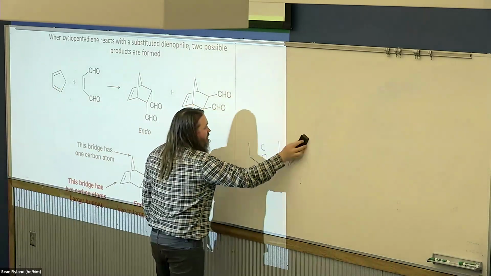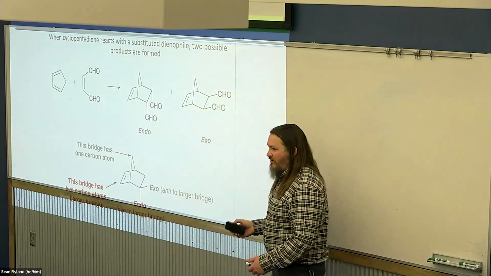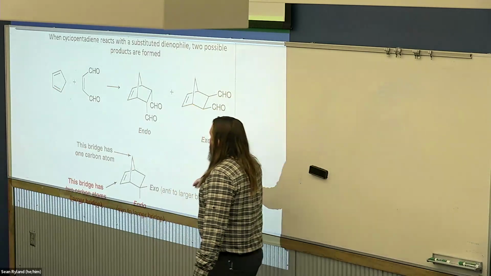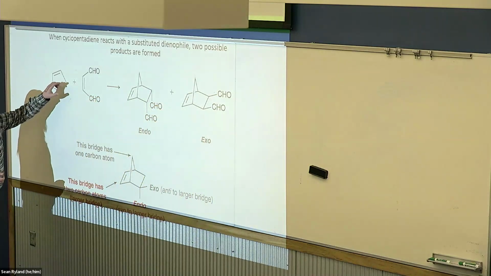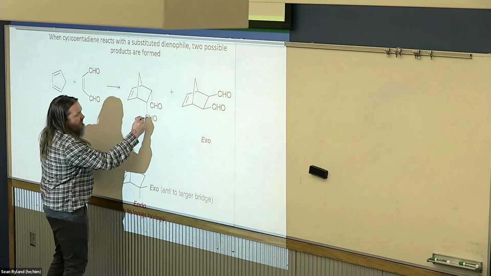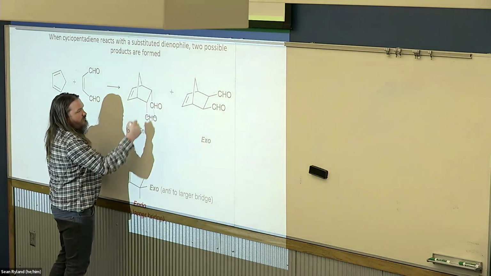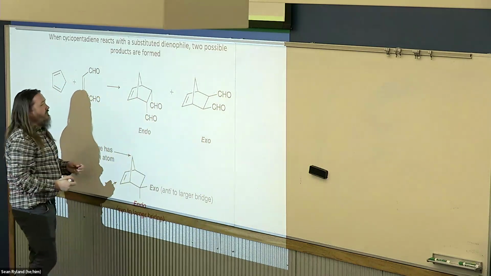Endo means pointed towards itself, pointed inward. Exo means outside, pointed outside. This is not another cyclopentyl group, but you can picture if these things were connected. Like our last one, it's very similar to what we would get there.